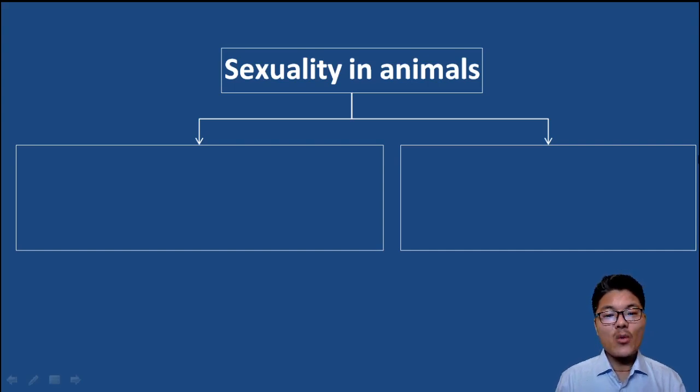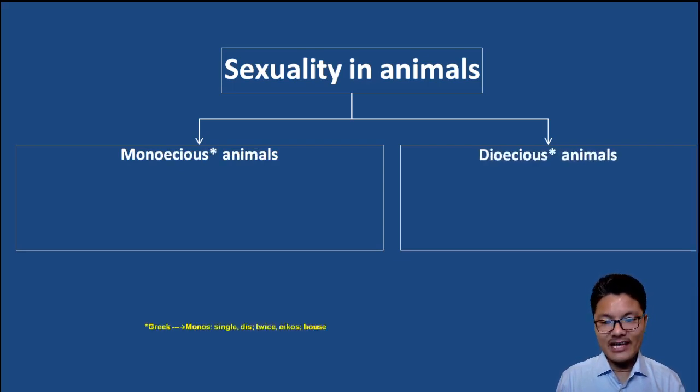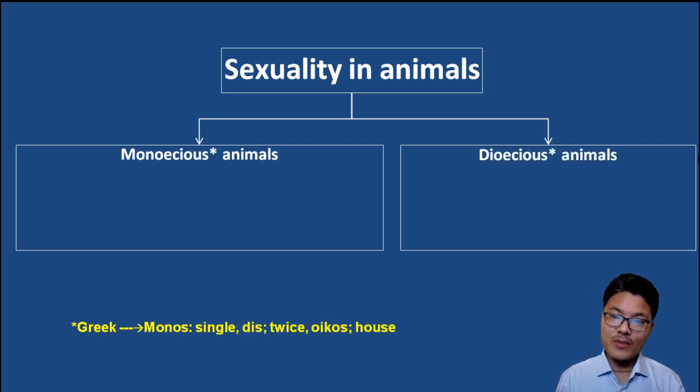Now let's see different sexuality in animals, or different sexes, different genders in animals. We have monoecious animals and dioecious animals, similar to plants. Mono here refers to single, and di here refers to two. Oecious is derived from the Greek word oikos, referring to house.